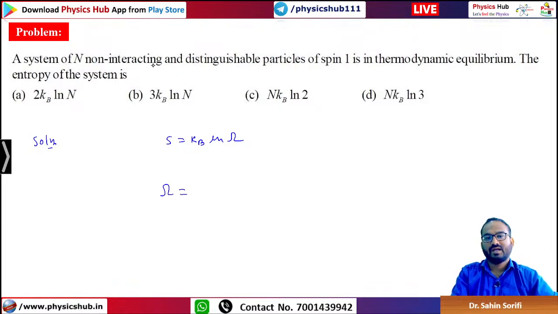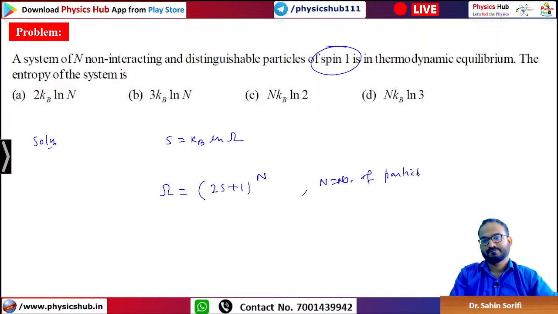Omega, if we have spin 1 particle, what is the number of microstates? You know, it is the formula (2s plus 1) to the power n. n is the number of particles. Omega is the number of microstates, where S is the spin of the particle.